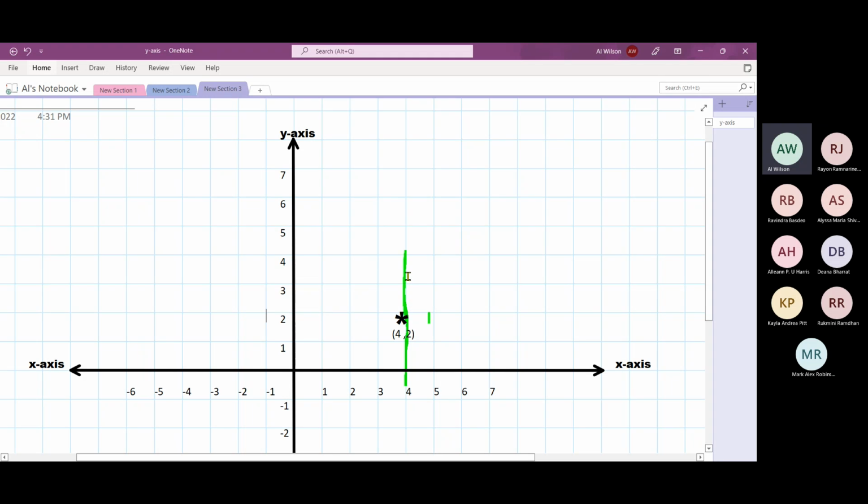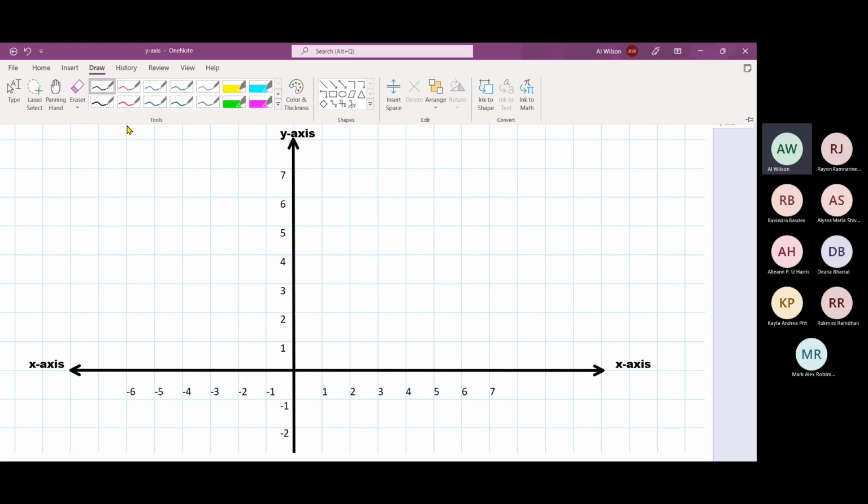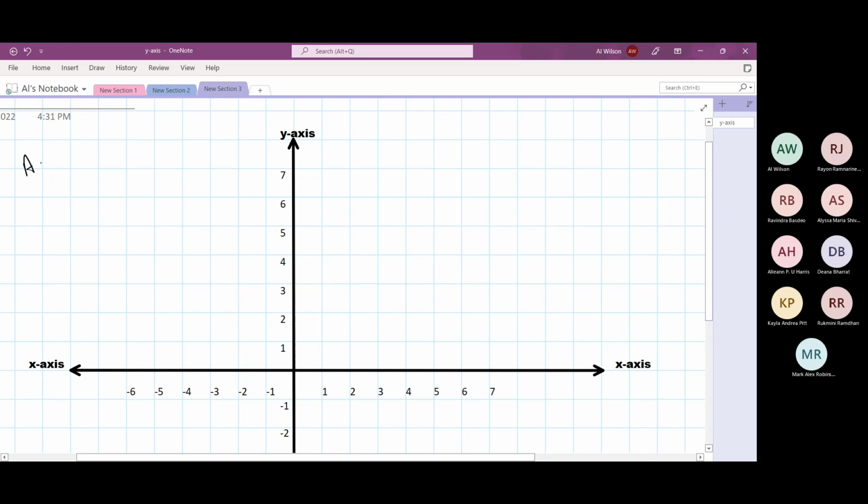So let me just get these things out of the way. Here I'm going to write 2 points. Let's say point A is equal to 3, 5.